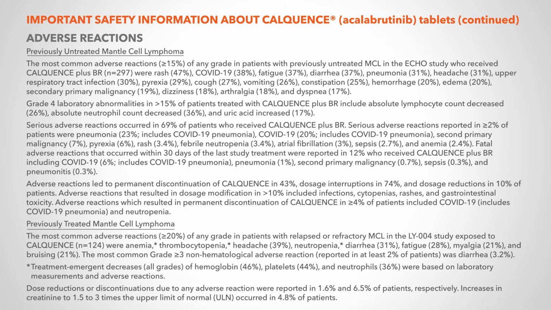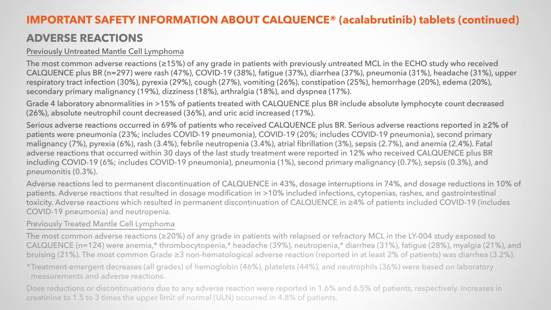Treatment emergent decreases, all grades of hemoglobin, 46%, platelets, 44%, and neutrophils, 36%, were based on laboratory measurements and adverse reactions. Dose reductions or discontinuations due to any adverse reaction were reported in 1.6% and 6.5% of patients, respectively. Increases in creatinine to 1.5 to 3 times the upper limit of normal, ULN, occurred in 4.8% of patients.